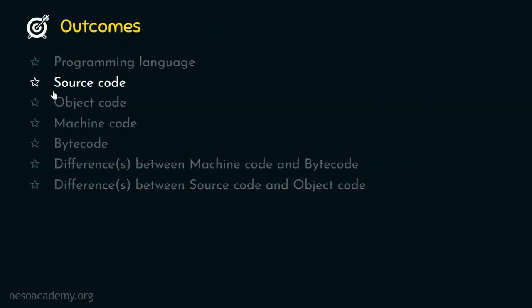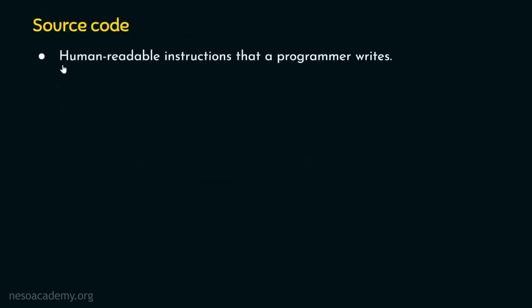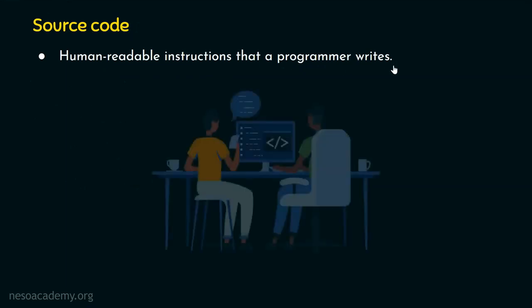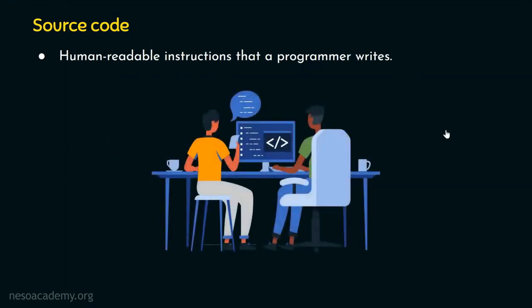Let's see what exactly is a source code. A source code is basically human-readable instructions that a human or a programmer writes. The source code consists of programming statements that are created by a programmer with a text editor or a visual programming tool, and then saved in a file.